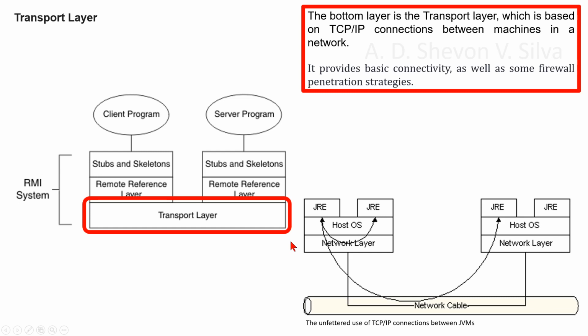Here you can see the unfettered use of TCP/IP connections between JVMs. The transport layer makes the connection between JVMs.